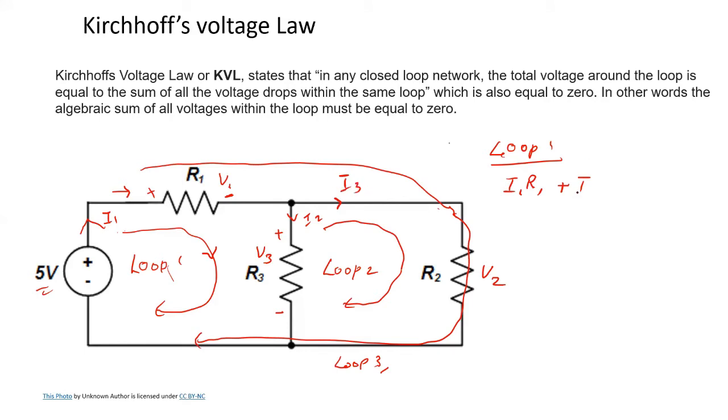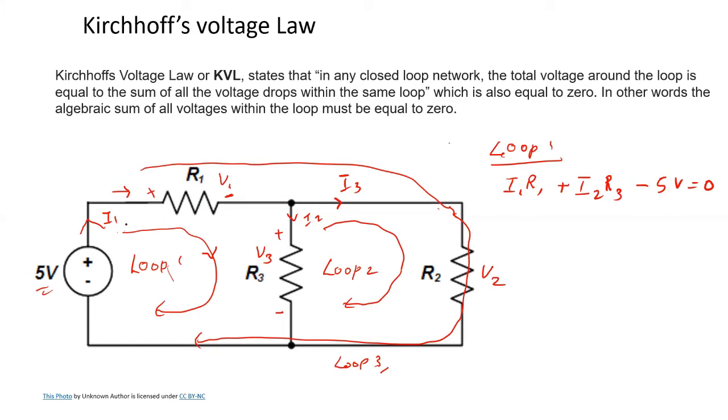So I2 into R3, and I come across the negative sign of the battery. Minus 5 volt is 0. So we have to indicate the polarities, and whatever polarity you are facing first, that will be the sign of the particular component.